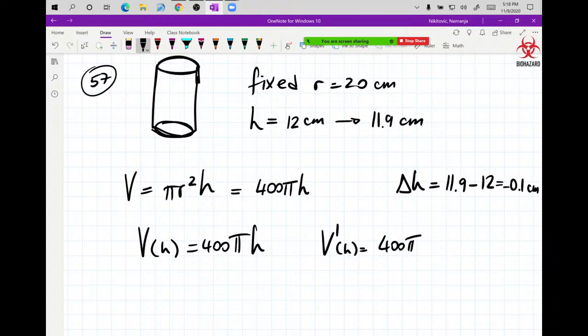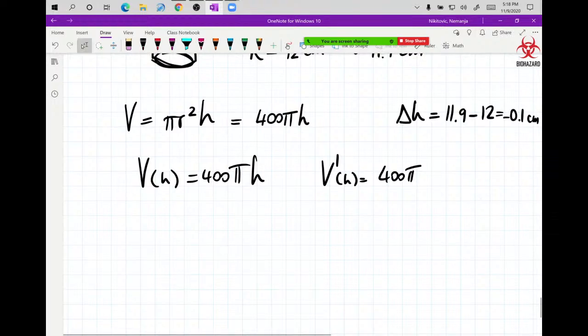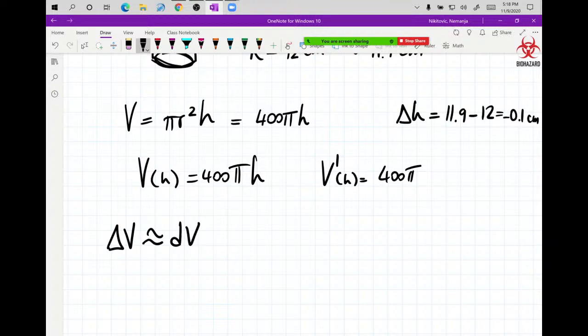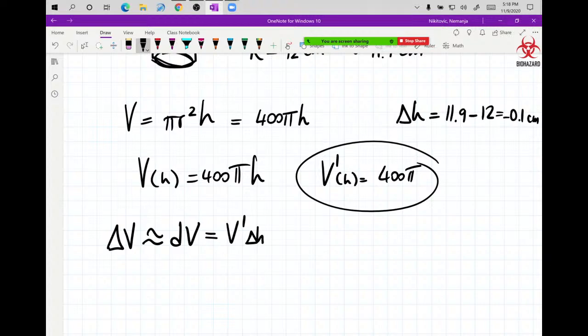Well, if the height is diminishing and the object is of the same width, obviously we're going to have a decrease in volume because of that. So the change in volume, actually let's do it this way. The change in volume is approximated by dV, and dV is V prime times delta h.